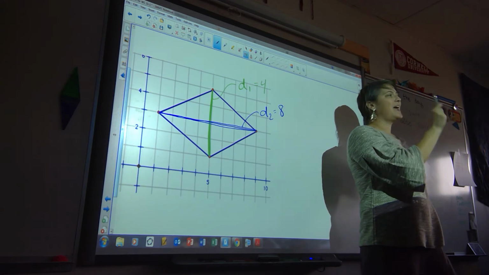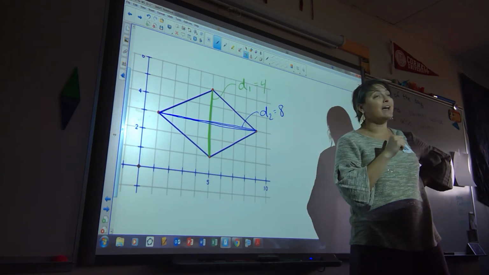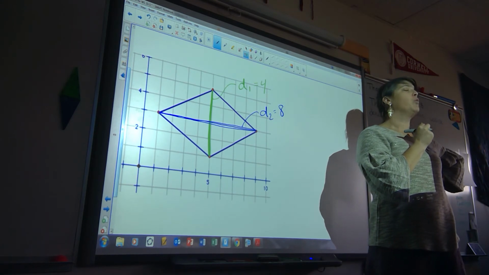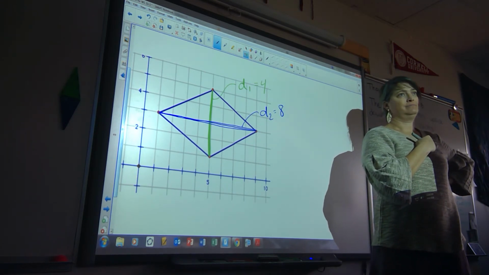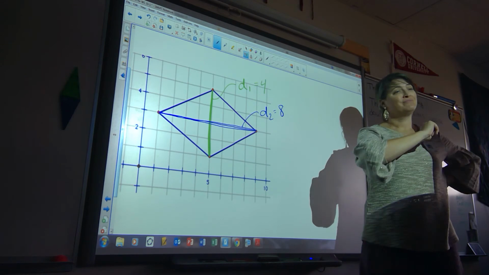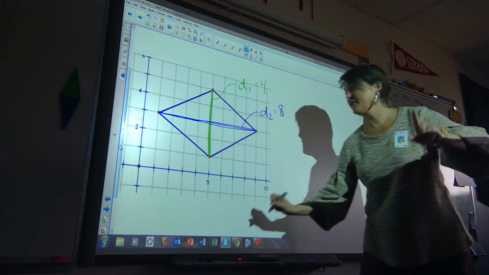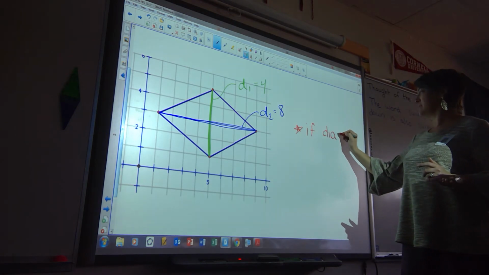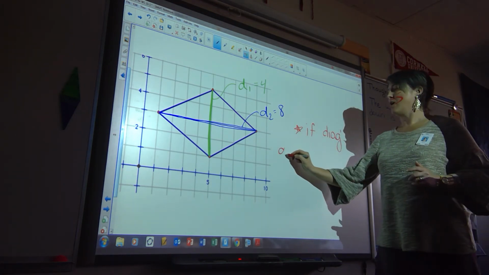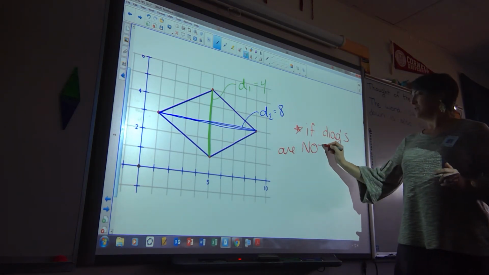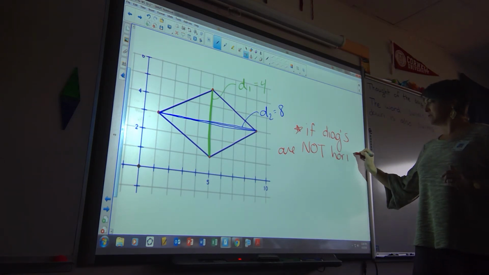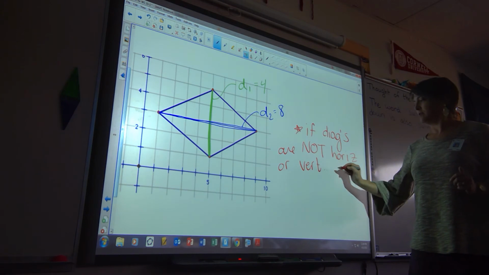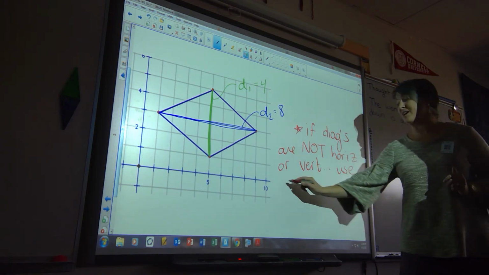What if the diagonals, after you plotted it, were not horizontal and vertical lines? What would you do then? Bingo. So do watch out for that. If the diagonals are not horizontal or vertical, use the distance formula.